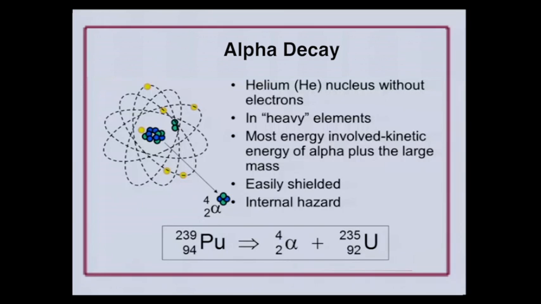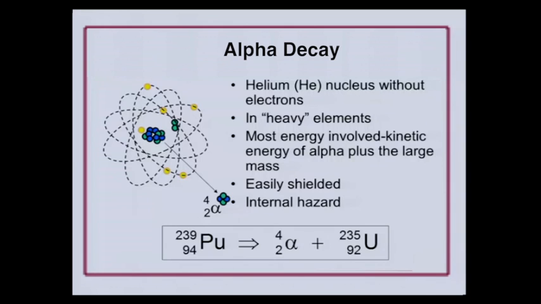Let me point out that the arrow there, you can look at it as an equal sign. And as equal, we must maintain a balance between mass and energy between the 2 sides of that equation. In this example, we start out with plutonium-239. It undergoes an alpha decay, which is indicated by the 2-alpha-4, plus the resulting isotope, uranium-235.